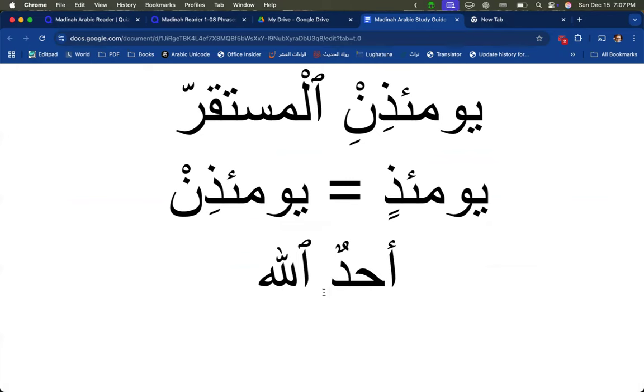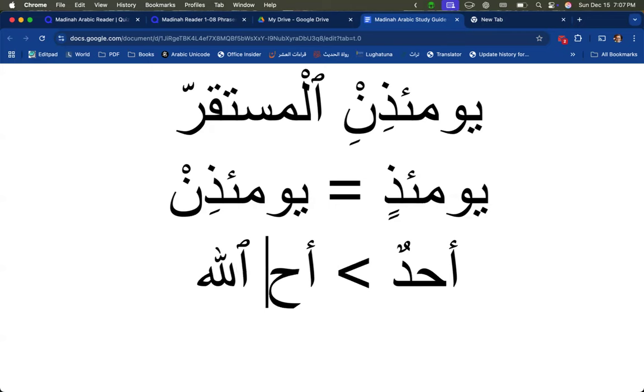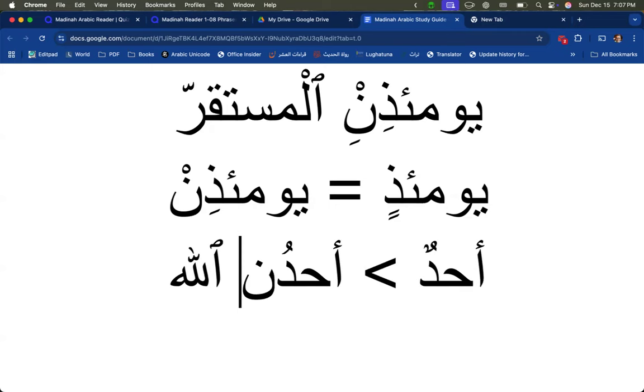So what happens is this becomes ahadu ni. The dun of the tanween, remember it's ahadun, Allah. This is how you hear it, right? So what did we learn about what to do with the noon? You put the kasra. Ahadu nillah. That's what happened. So it doesn't go away. It just sounds like it goes away.